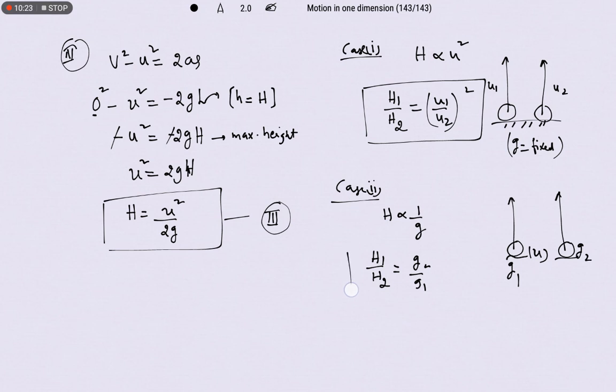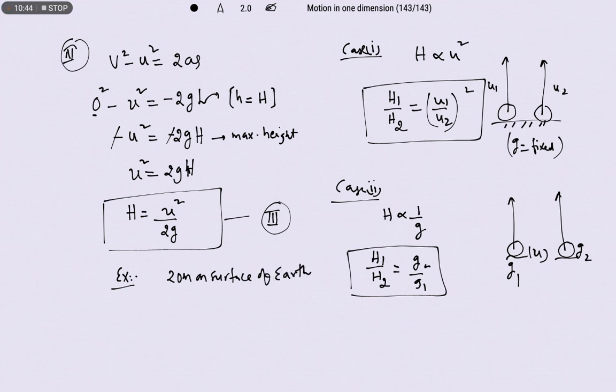So based on this we can get questions like this. A person can jump to a maximum height of 20 meter on the surface of earth.